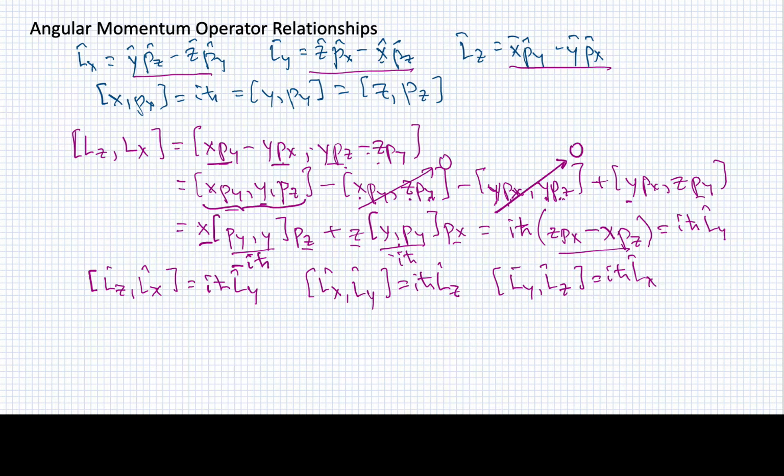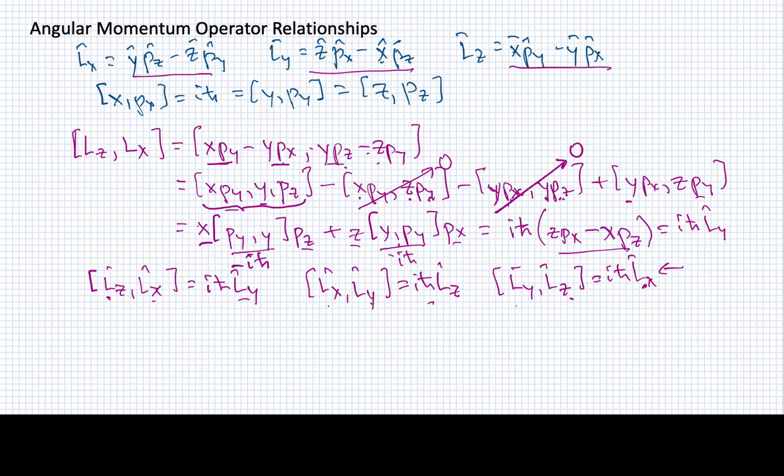Notice there's a cyclic permutation here: XYZ, XYZ, XYZ. They're circulating cyclically. These commutation relations are going to be found in all systems with angular momentum.